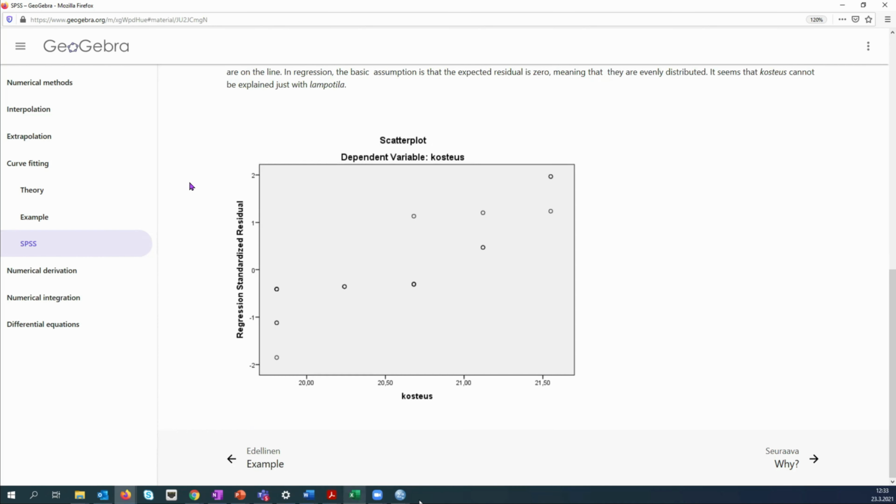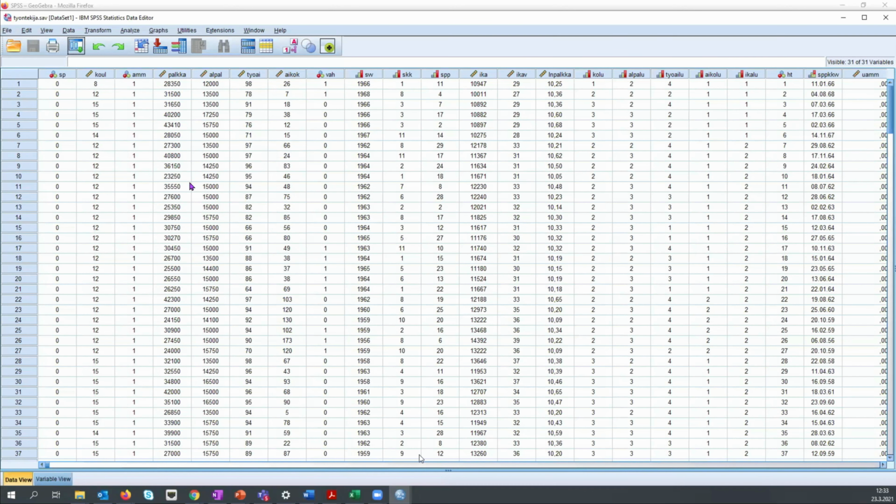What I actually would like to show you in SPSS is the curve estimation part.